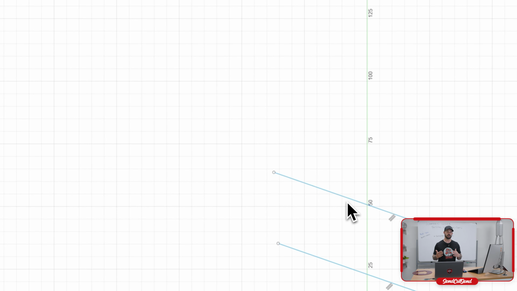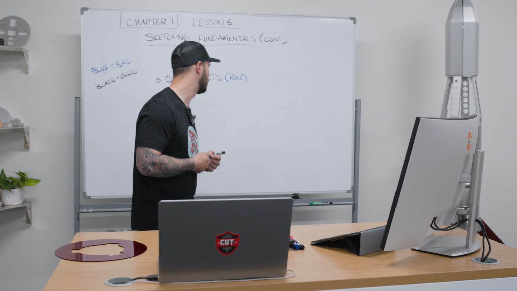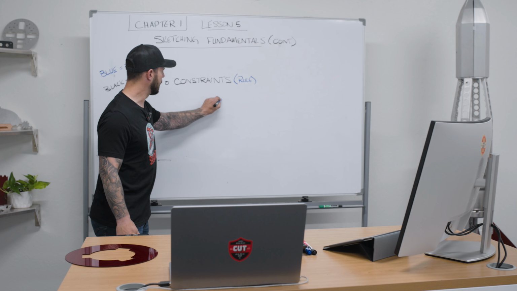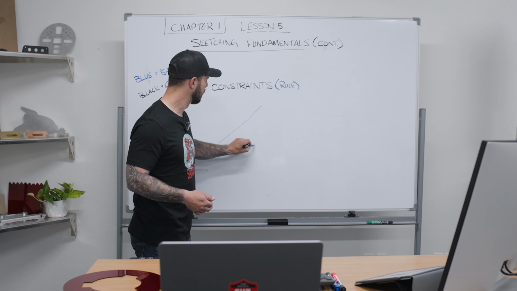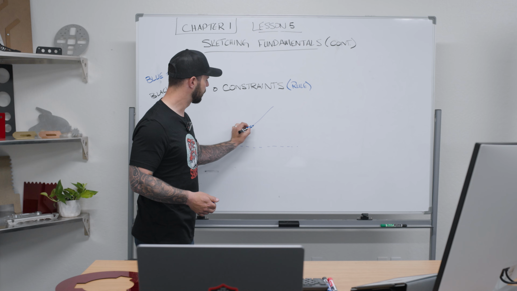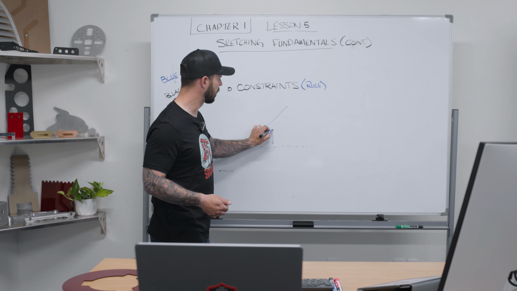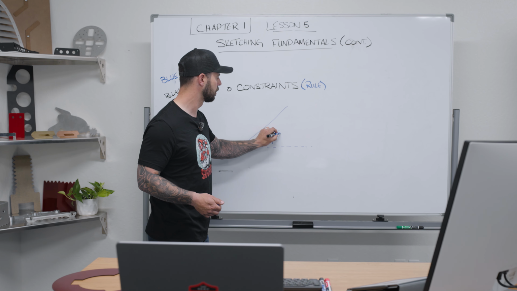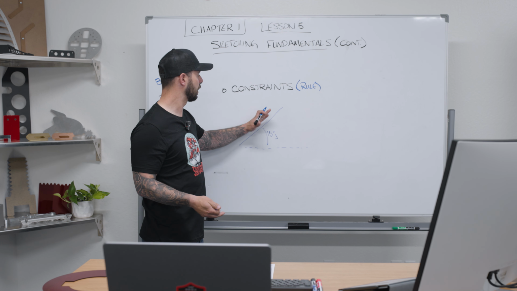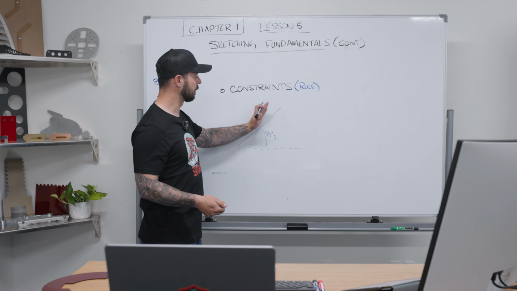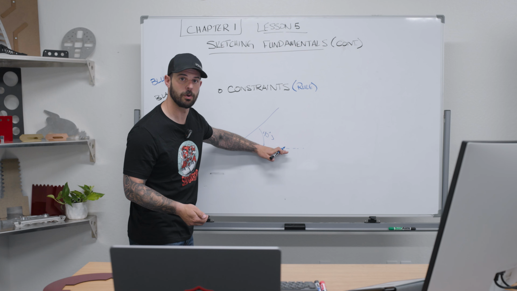One important thing to note, and we can go to the whiteboard here, is that in space, if I draw this line and it's more than 45 degrees from horizontal, then if I click on the horizontal or vertical constraint, it will make it vertical. If it's less than 45 degrees, it'll make it horizontal.